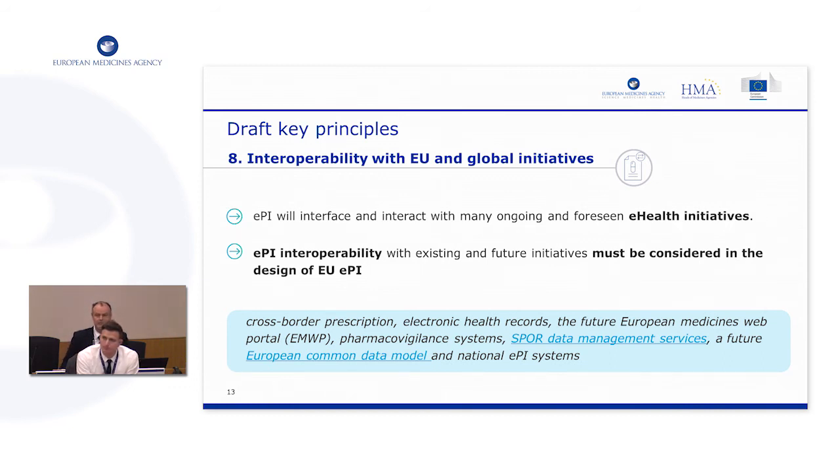So what you see there about the European Medicines Web Portal and pharmacovigilance are key players in the information provision. And now SPOR and the other services are coming again. Cross-border is a very important thing, not only for regulators, but for healthcare itself: people who are traveling, who change borders.